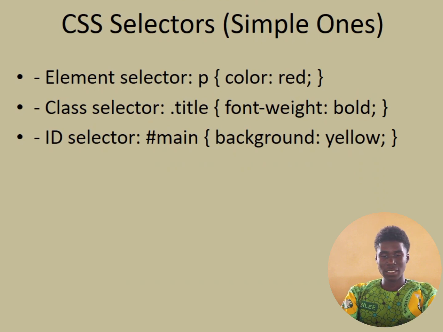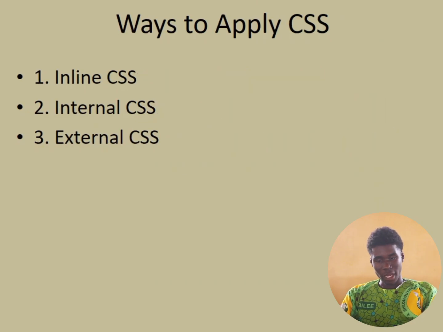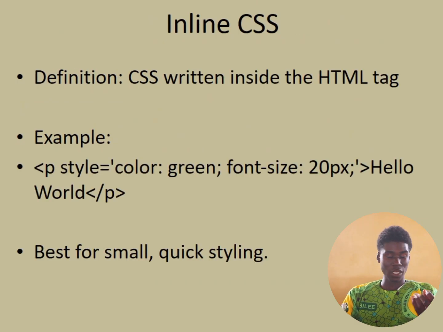So now we move to the ways to apply CSS. To apply CSS, there are 3 different ways. We have inline, internal, and external. Inline CSS is CSS written inside the HTML tag. If we want to apply a CSS rule to the paragraph tag in your HTML document, this CSS is written within the opening tag of the paragraph.